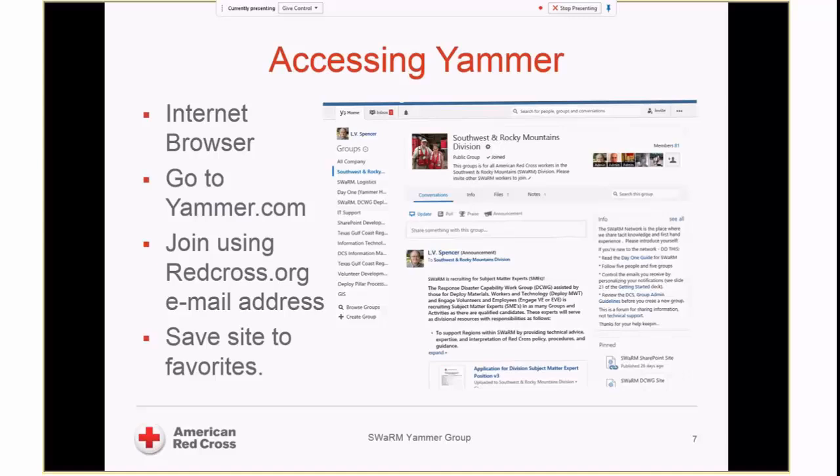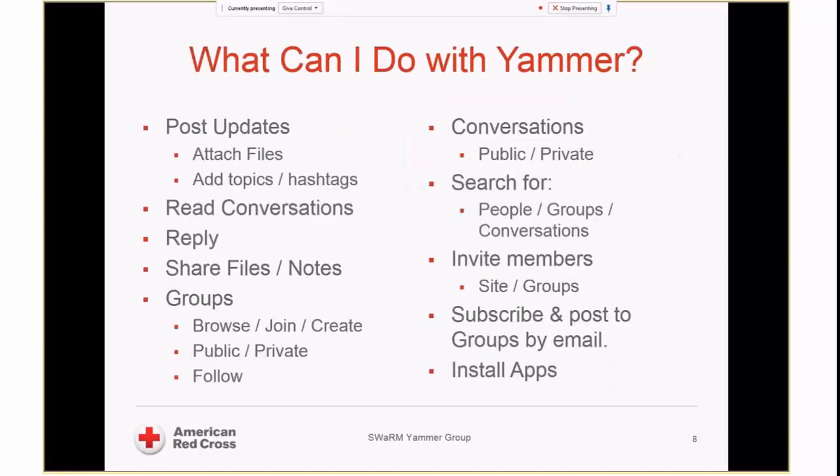Now, what can you do with Yammer? This slide will show you some of the things that you can do, and I'll just briefly go over it with you. One of the first things you can do is post updates to the site. When you do that, you can also attach files so people can see the files you've attached.